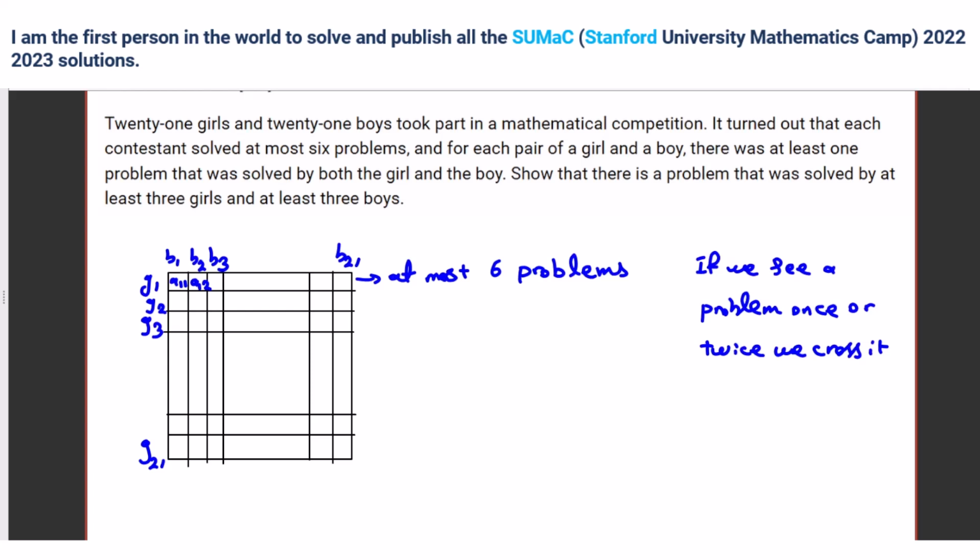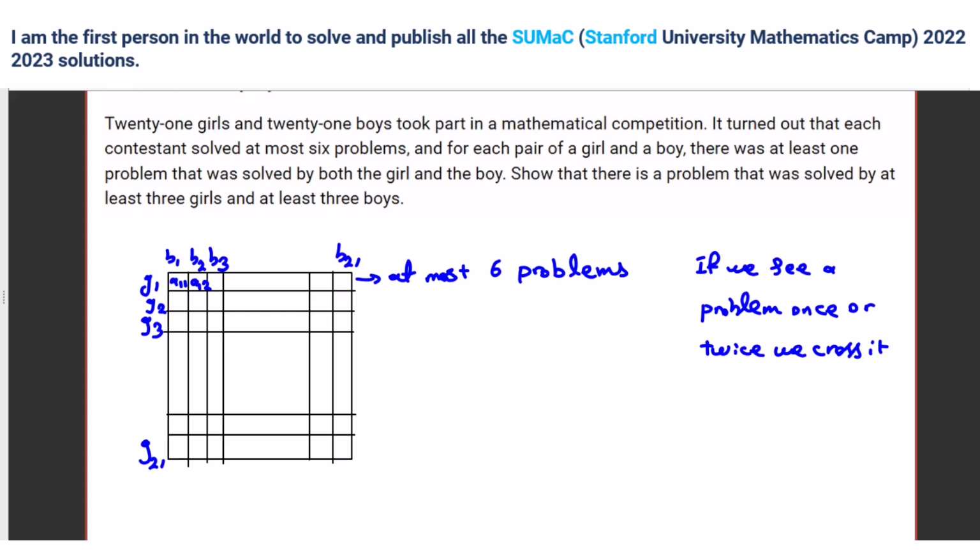So in each row, we cross at most how many problems? At most 6 problems. Why? Well, it's like how many problems you're going to cross out, right? One person can only solve 6 problems.